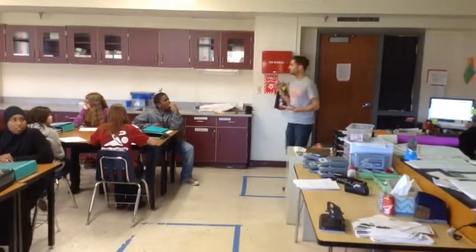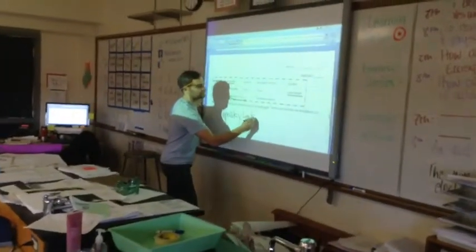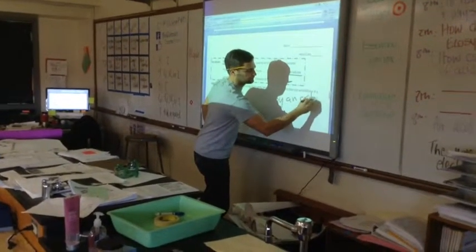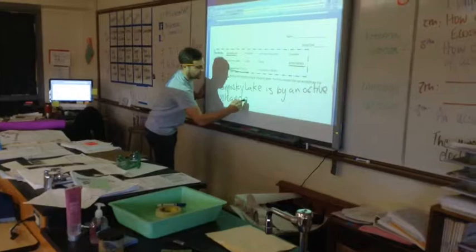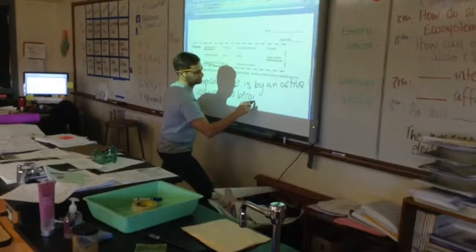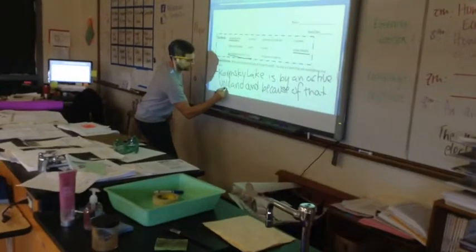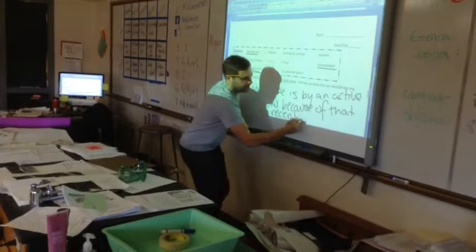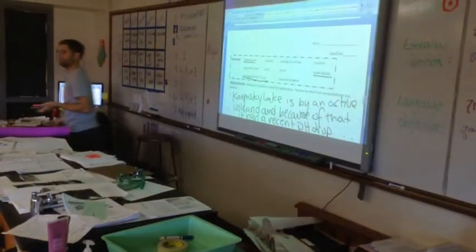Yeah, Adi? Yes. Karmisky Lake is by an active volcano, and because of that, it had a recent pH drop from 7.5 to 3.2.